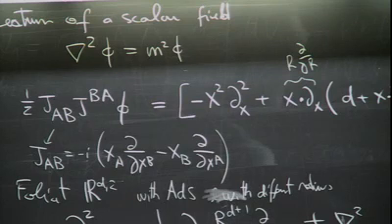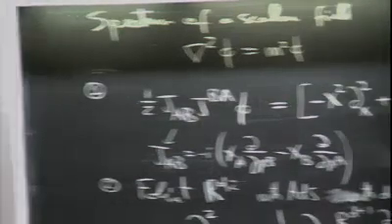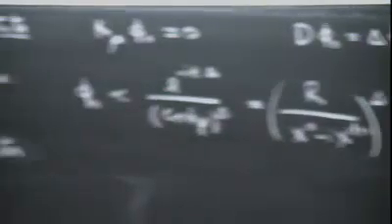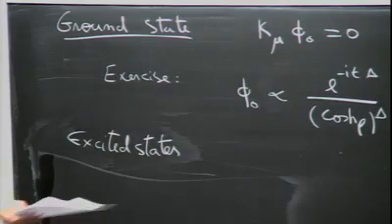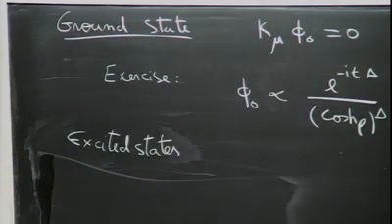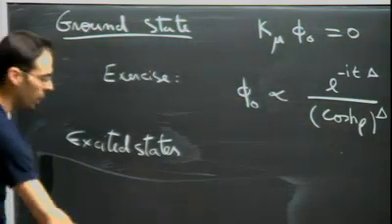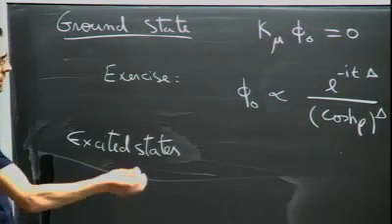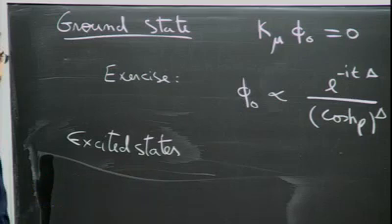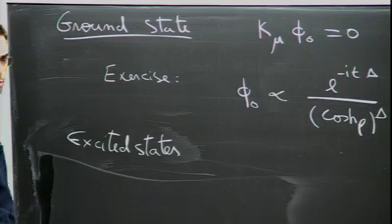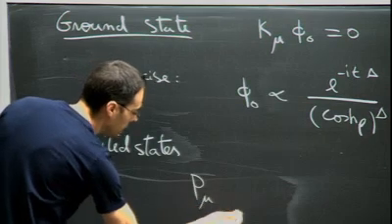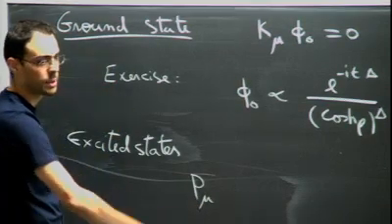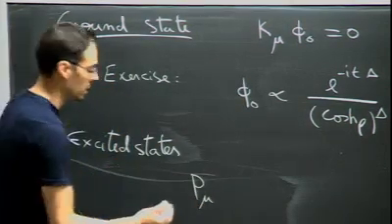Okay, so what about excited states? Well, it's exactly like in CFT. Since the equation is just a Casimir, if you act with any of the generators on the ground state, that will not change the value of the Casimir, right? The Casimir commutes with all the generators. So you can just create excited states by acting with P, right? Because P increases the energy.